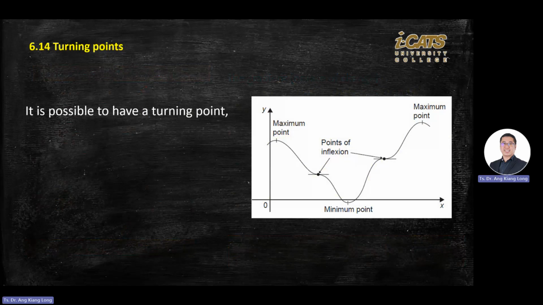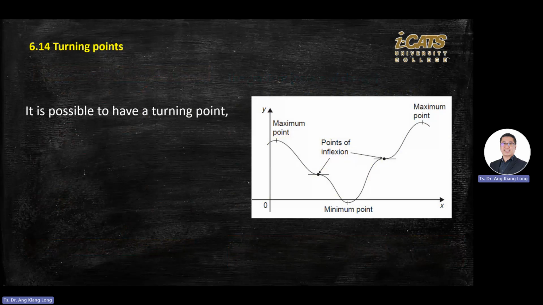Now in general, what is an inflection point? Maximum point, you know. When you have a maximum point, what is the gradient on the left? Positive. And on the right is negative. So when your differentiation dy/dx on the left is positive, and on the right is negative, we call it a change of sign.